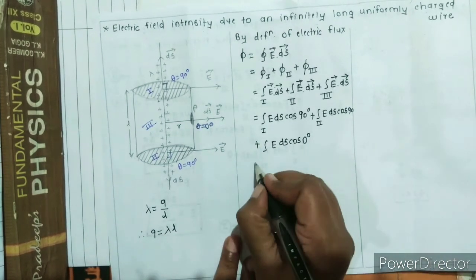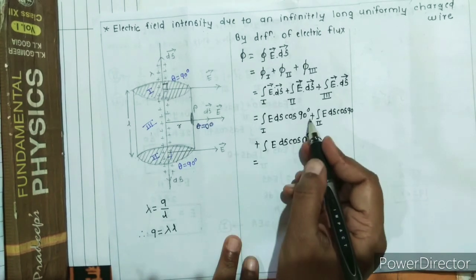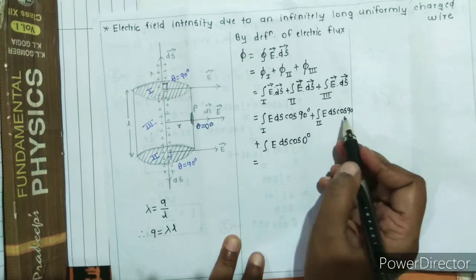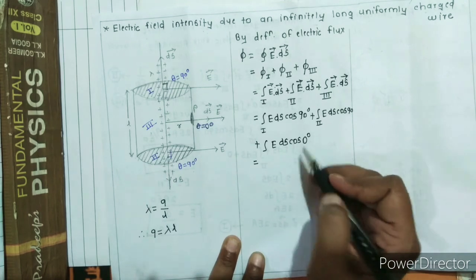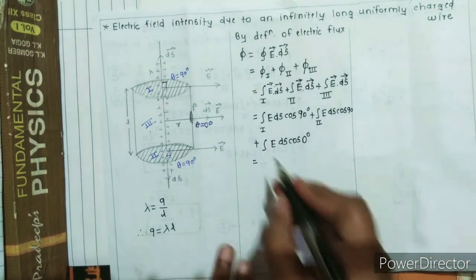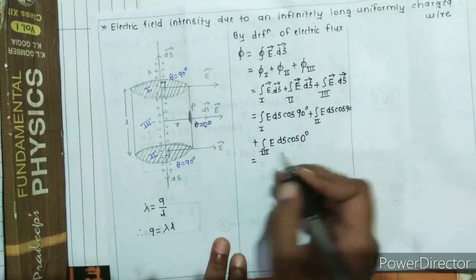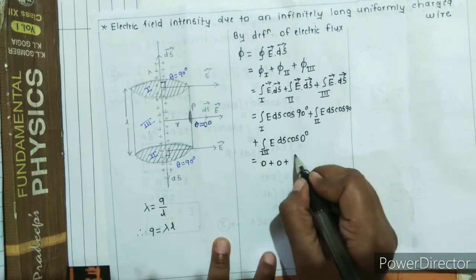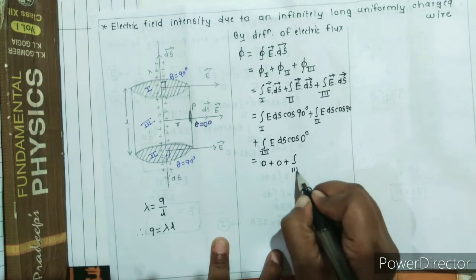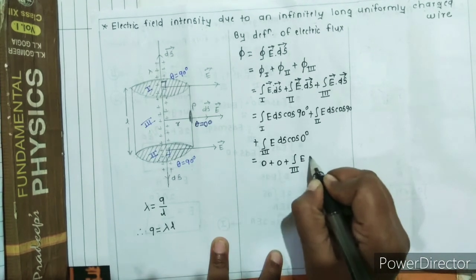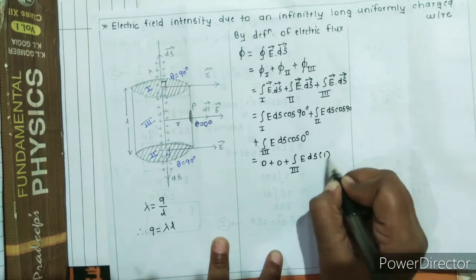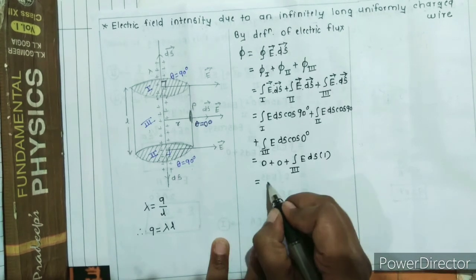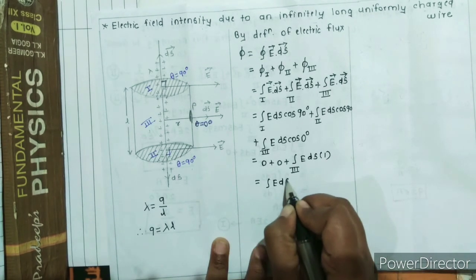As we know, cos of 90 is equal to 0 and cos of 0 is equal to 1. So first two terms will automatically become 0, plus integration of E ds, 1, that is E ds.